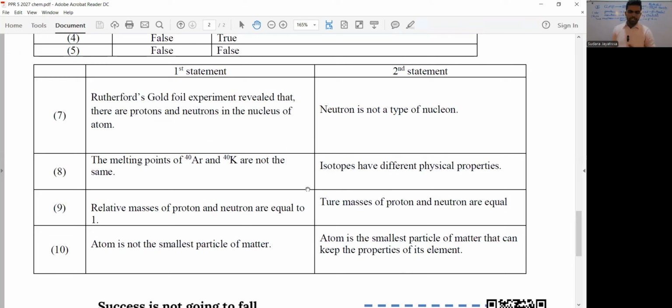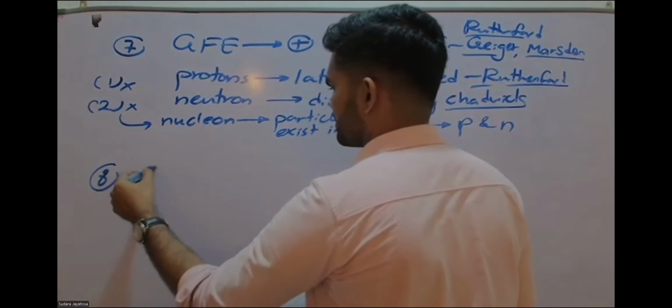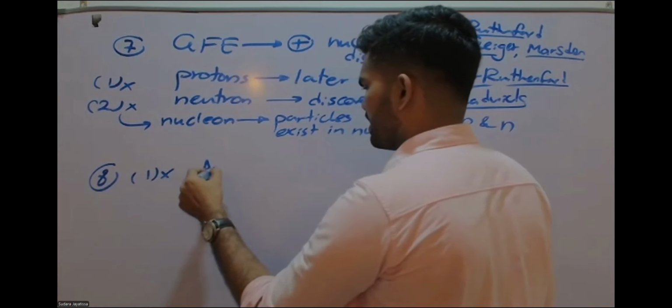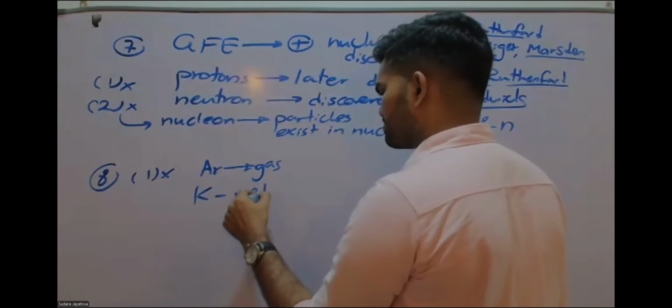So the melting points of argon 40 and potassium 40 are not the same. Yeah, that's true. You can say argon is a gas while potassium is a metal. Question number 8. First one is false. Why? Argon is a gas, potassium is a metal.